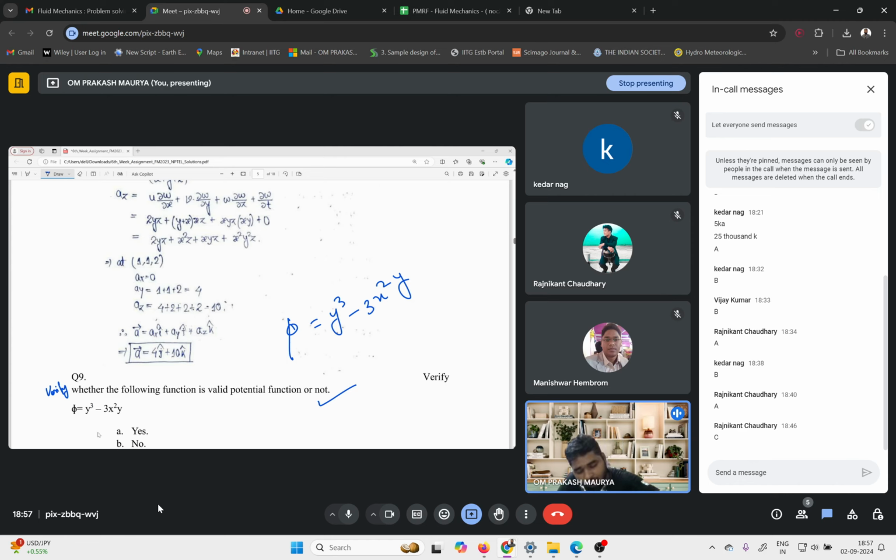For validation of your potential function, which equation should be satisfied? If you know, you can easily calculate.